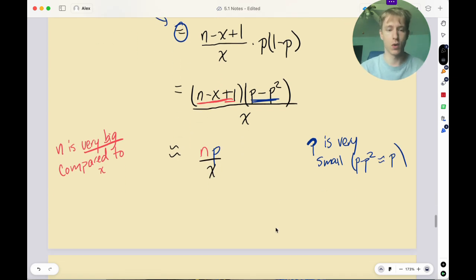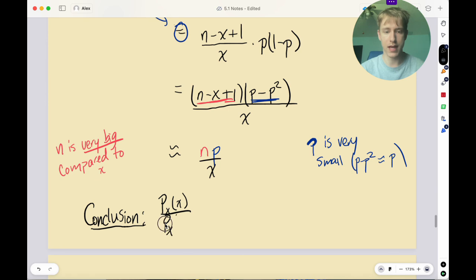Okay, so let me just summarize. The conclusion so far is that the probability of getting x successes divided by the probability of getting x minus 1 successes is approximately np divided by x.